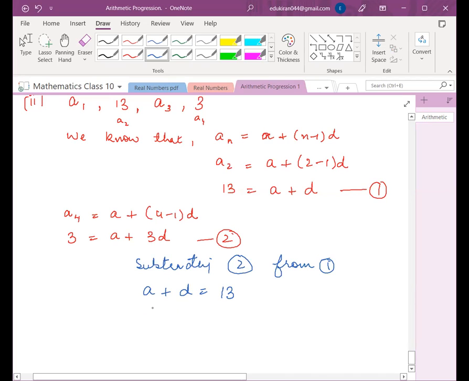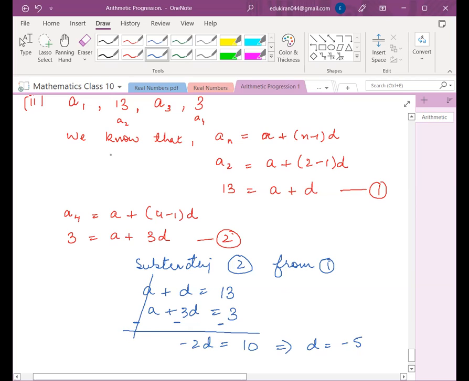Similarly, I'll write A plus 3D is equal to 3. Now, because I'm subtracting, I'll change the sign. So A will be gone, and this will be minus 2D equal to 10. How much is D then? D is equal to minus 5. So you have got D.